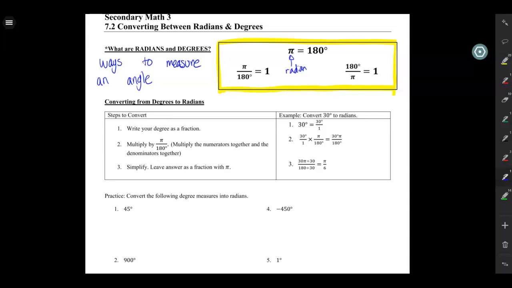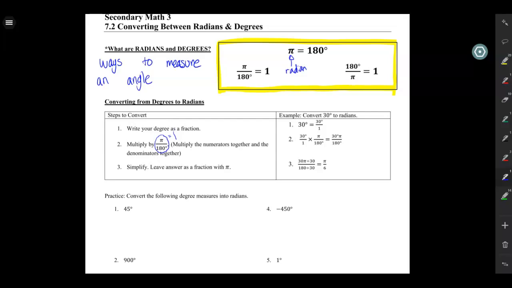So the first thing you're going to do is take your degree measure and write it as a fraction, which is super easy. You just put like 30 degrees over 1. Then you're going to multiply by pi over 180 degrees. Remember, this pi over 180, that's just equal to 1. So all you're doing is multiplying by 1, which is okay. And when you multiply those, you multiply the numerators together and you multiply the denominators together.